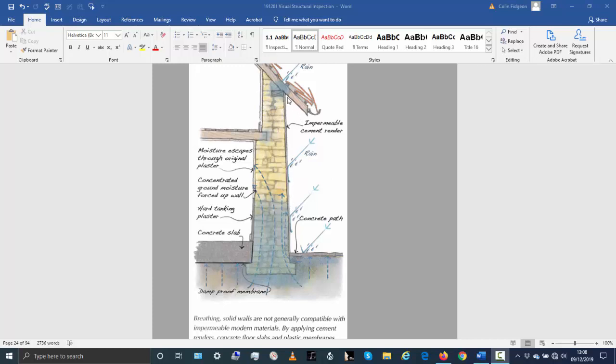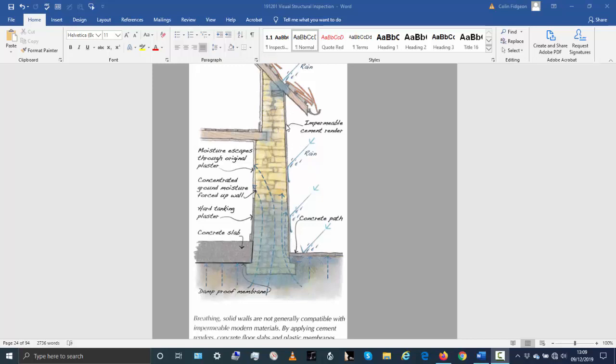And oftentimes, I think the cement renders were added because it's what was available in the shop, and builders just got used to using it without realizing that they were causing problems with dampness being trapped in the wall.